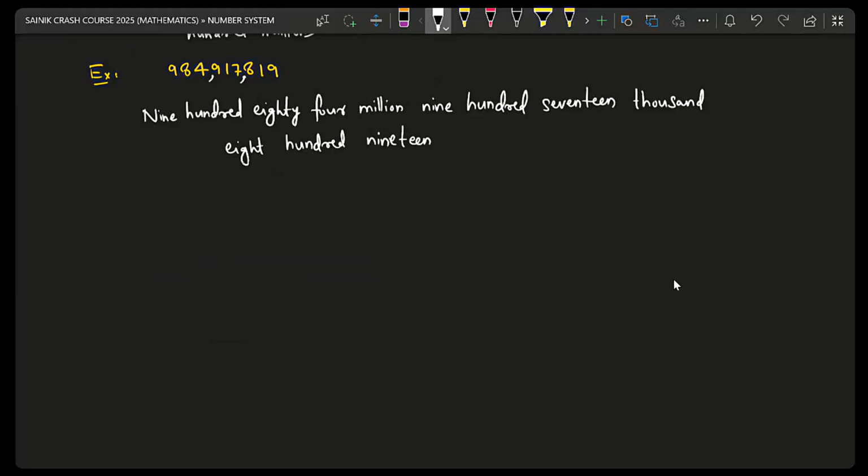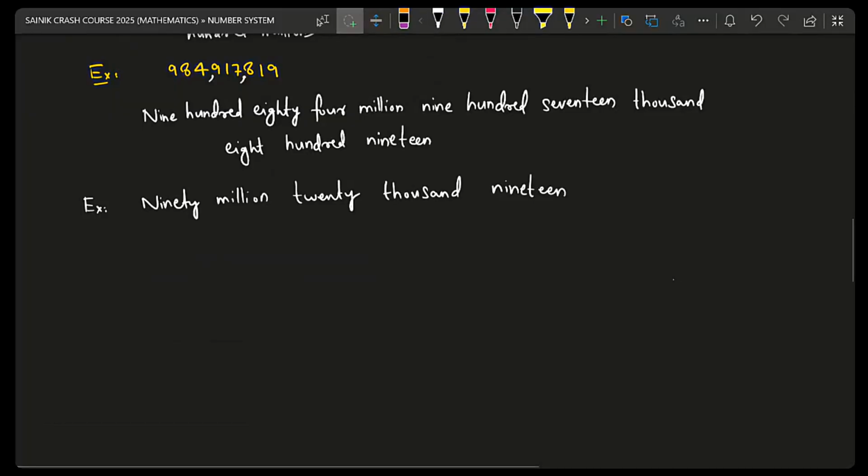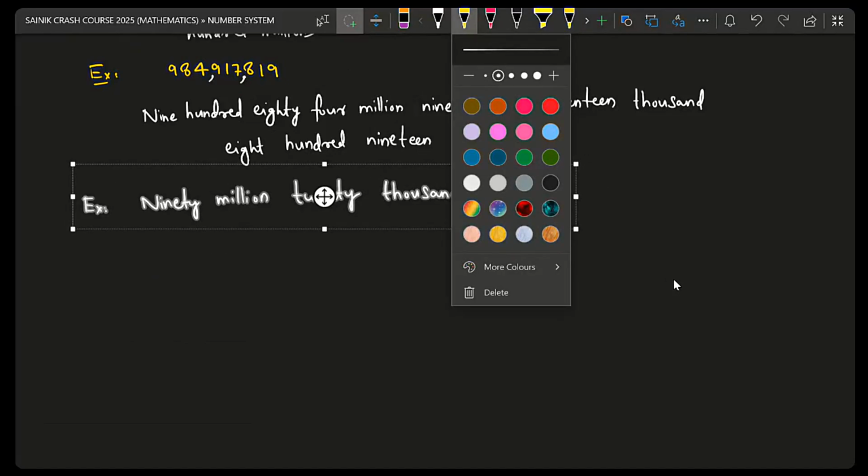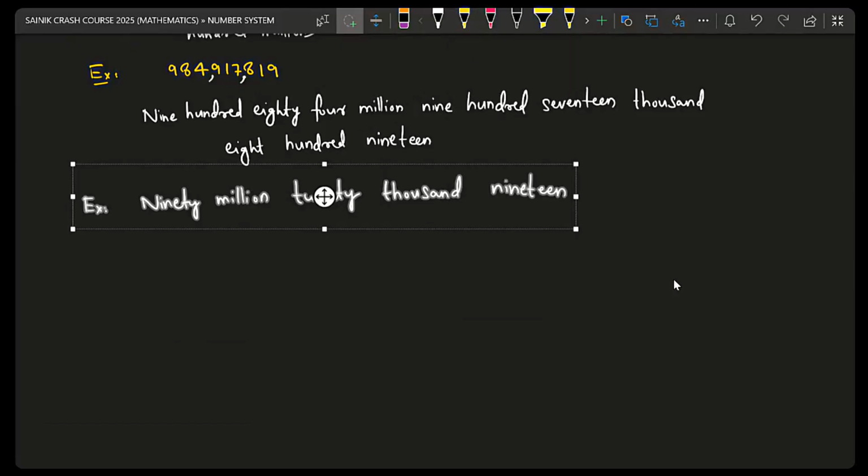Let us take some examples for writing from words to numbers also. I'm going to write a question, so try to write that in numeral form. The question is 90,020,019. I want you to tell me the answer in the chat box using commas. Commas are a must. Where are you placing commas? Use commas and let me know in the chat box.